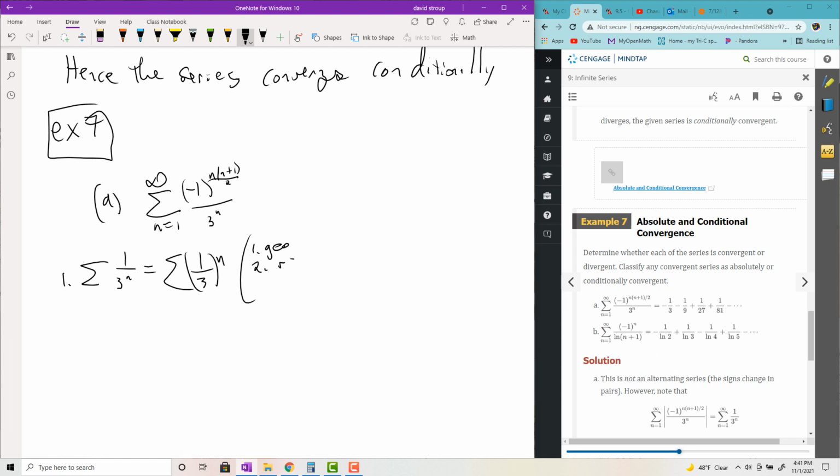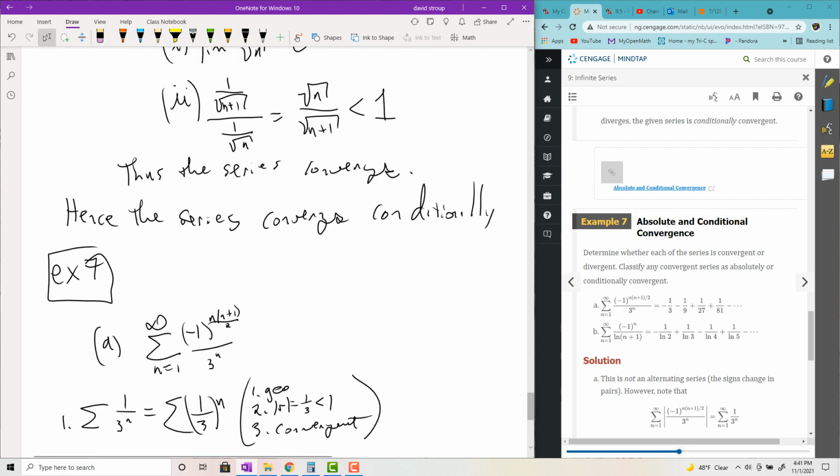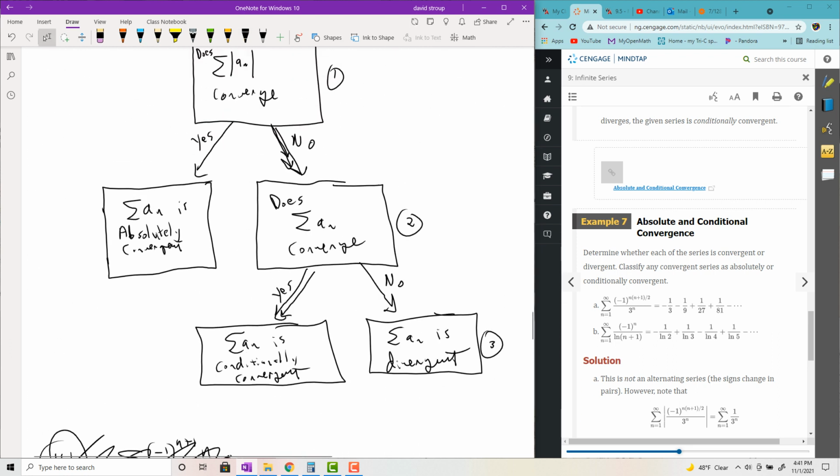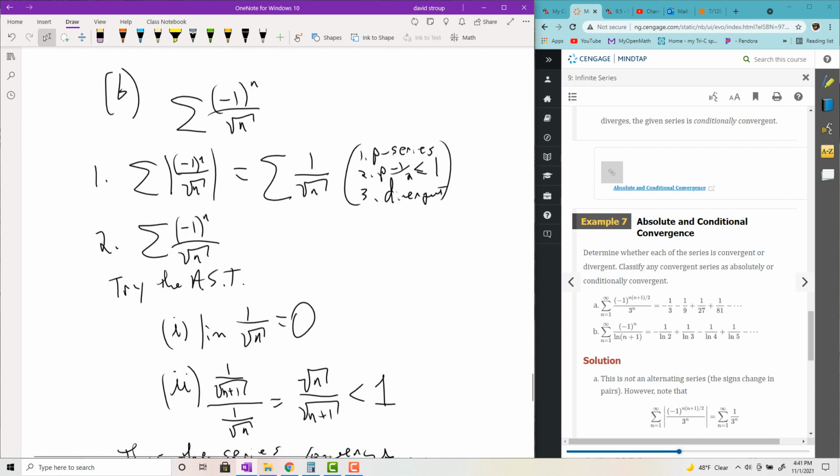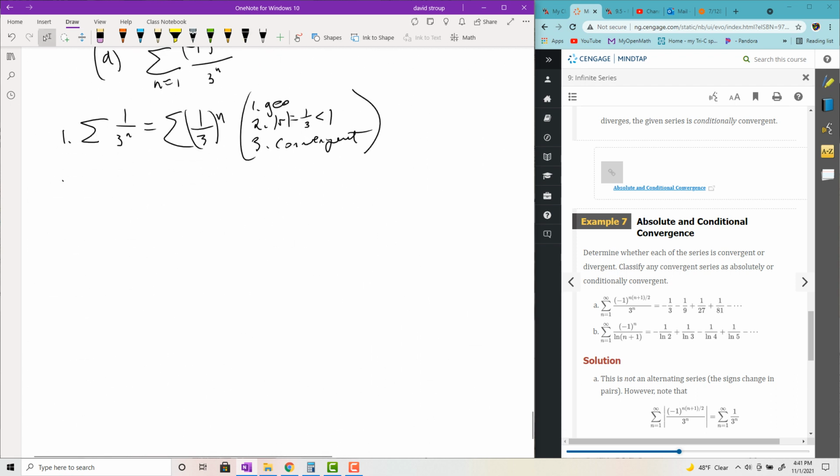Secondly, the absolute value of r is equal to 1/3, which is less than 1, so therefore it's convergent. Okay, so in the flow chart, we're done. We did the test on the absolute value, and we got a yes, so therefore the series is absolutely convergent. Okay, so we could stop there.